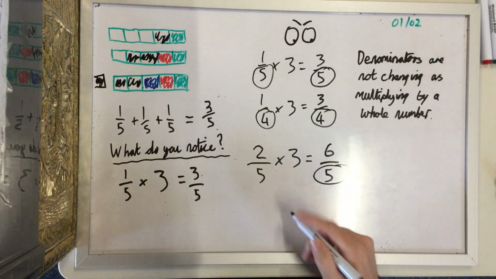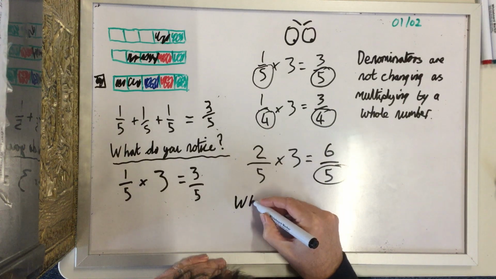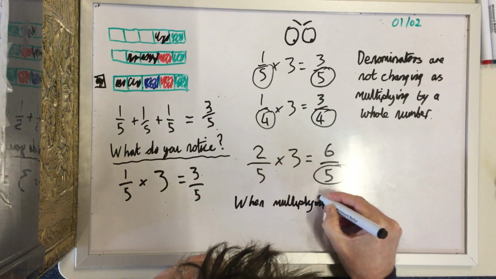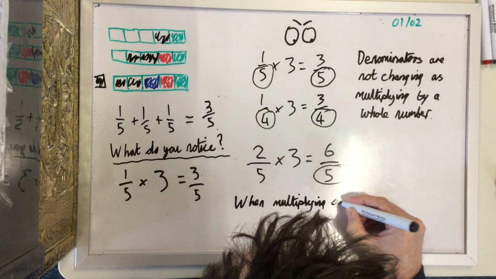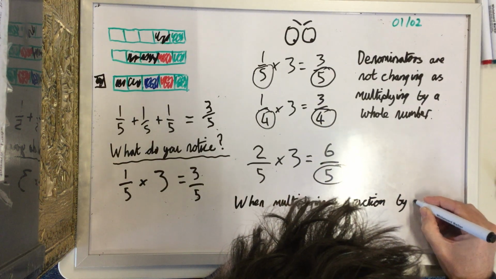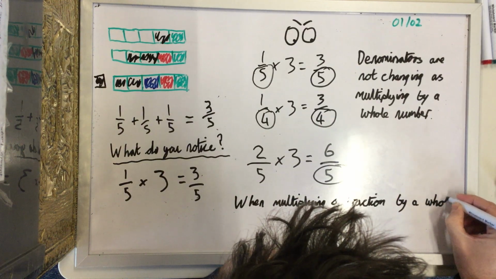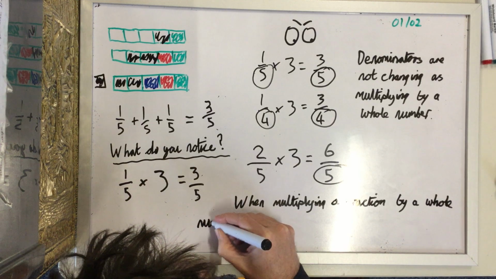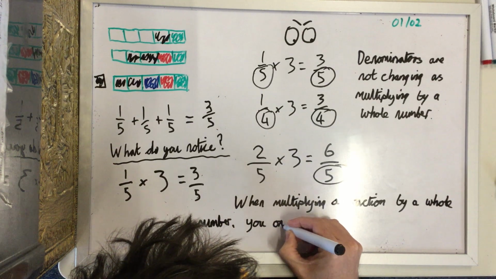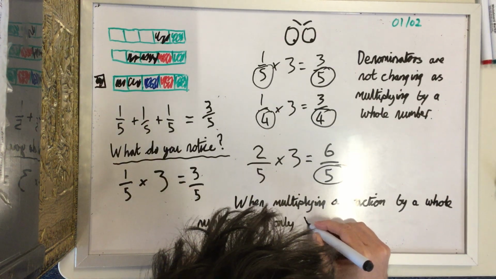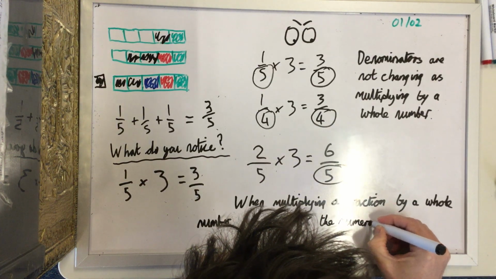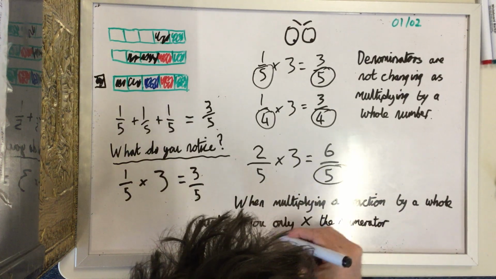Okay, so the method is, when multiplying a fraction by a whole number, and I'm sure you can finish this sentence off, you only multiply or times the numerator by the whole number.